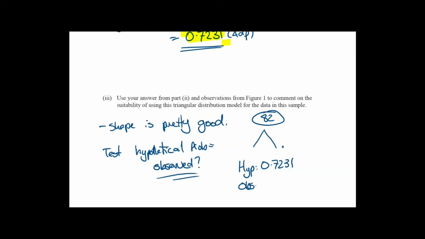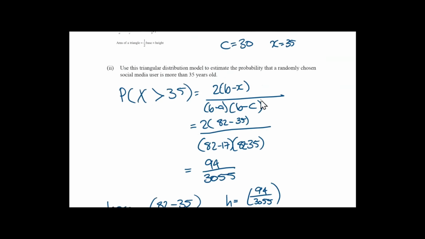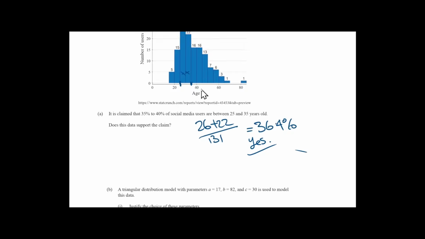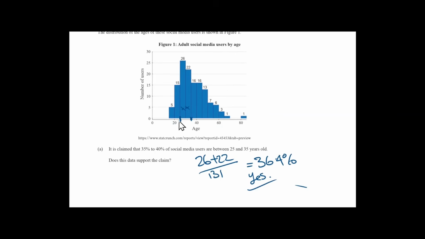The observed, let's work out how many are greater than 35. So let's go to the table itself. Here is 25, and this is 35. How many of them are greater than 35? Let's add them now.